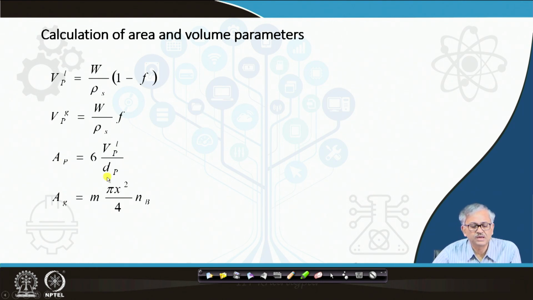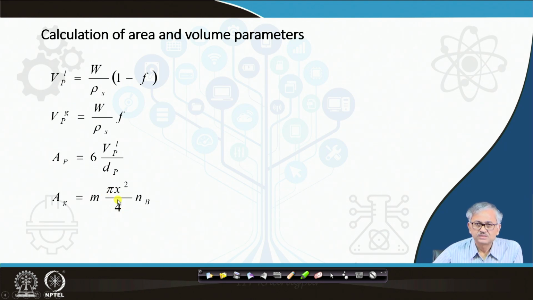From the volume and the average diameter, we can calculate the total contact area of the free rising particle with the liquid. Similarly AG is the interfacial surface area of the particle attached with the bubble, which can be calculated from the number of bubbles, and this is basically the area of the free rising spherical cap bubble.